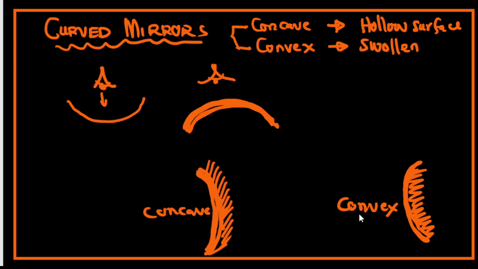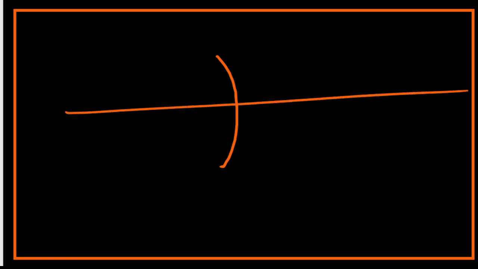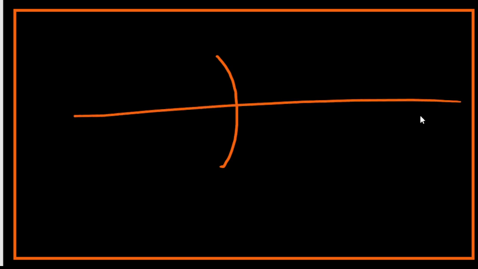So what are the things you need to know about concave and convex mirror? I will just explain one or two terminologies which we are going to make use of. Say this is a curved mirror, and this is a line. Let me draw that again. All right.